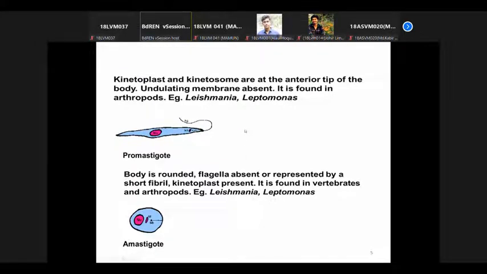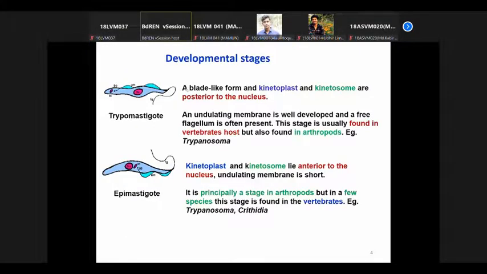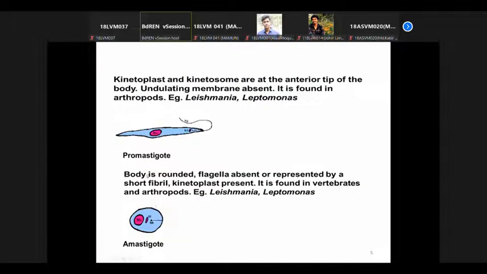So these are the 4 stages. There are other stages, sub stages, but we are not going to mention those for undergraduate students. Basically, you have to remember these 4: trypomastigote, epimastigote, promastigote, amastigote.